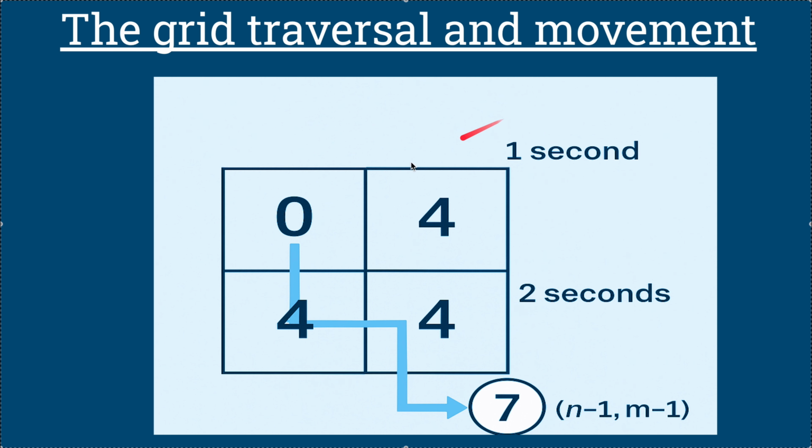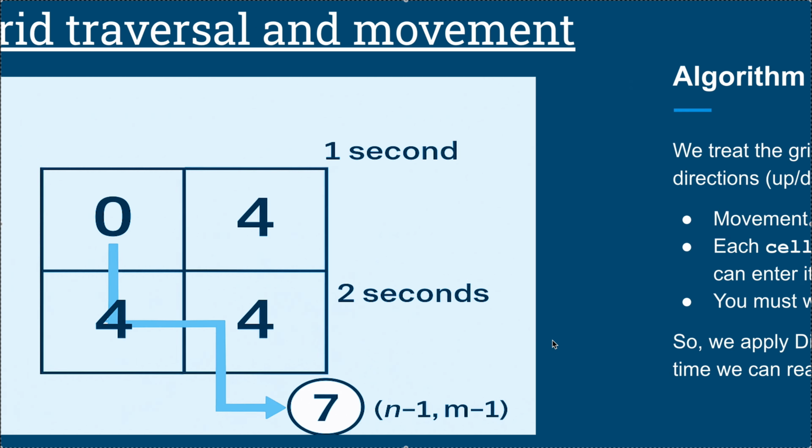So from here to here, t is equal to 4 and it is taking 1 second, so it becomes 5 seconds. And from here to here it will take 2 seconds, so if it is 5, then 5 plus 2 is 7, so it becomes 7 seconds. Okay, so this is the way we have to implement it, and then we have to go through.